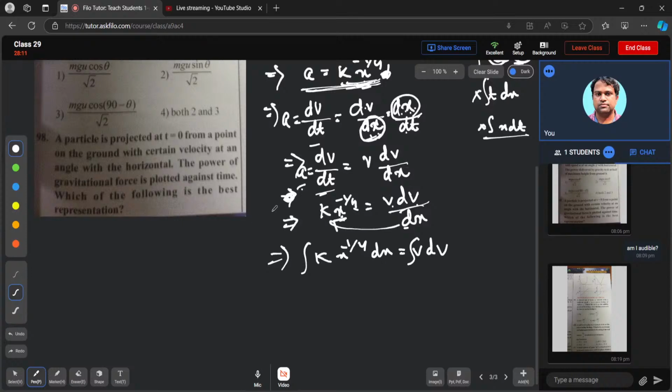So now can you integrate it? The constant will be outside. So do the integration.